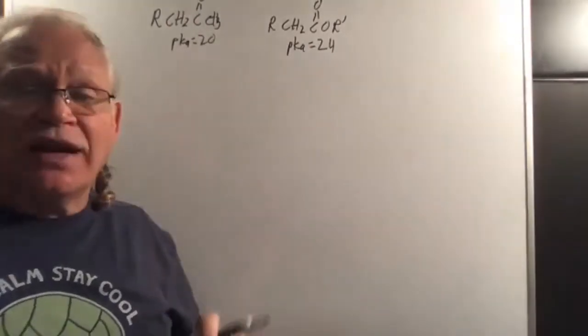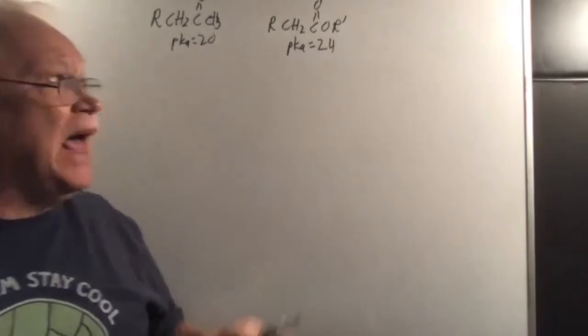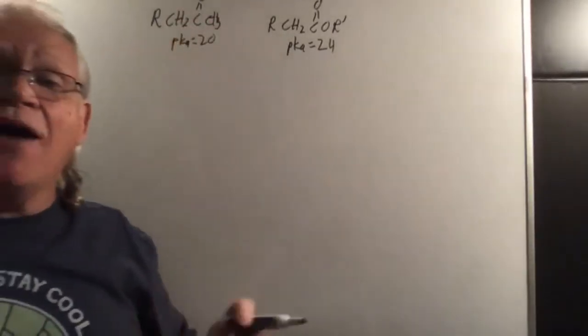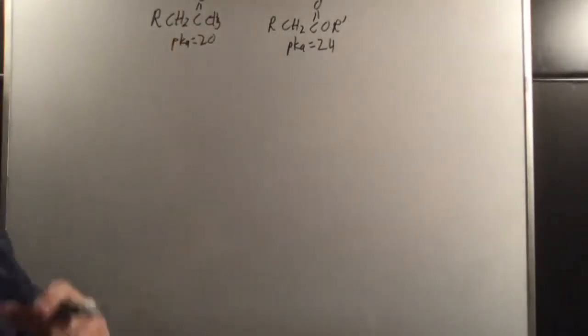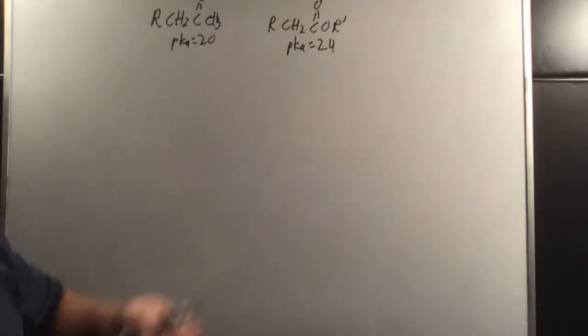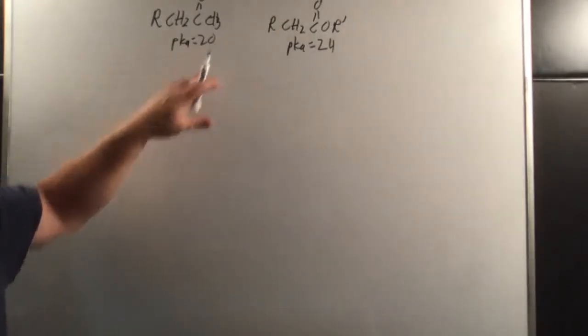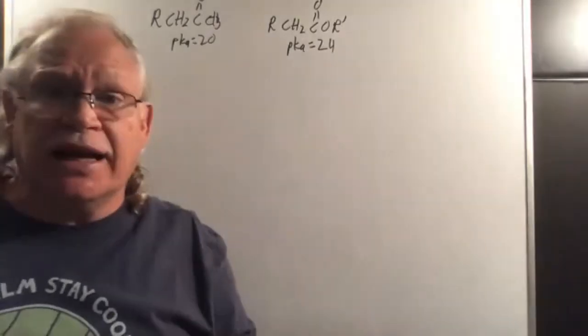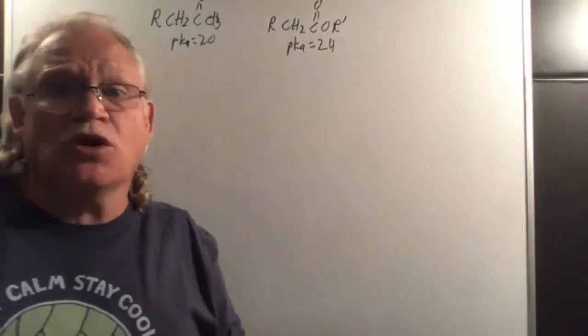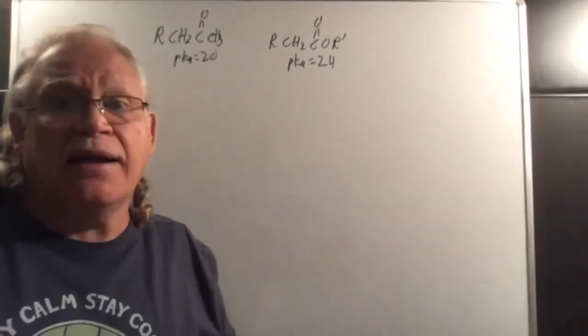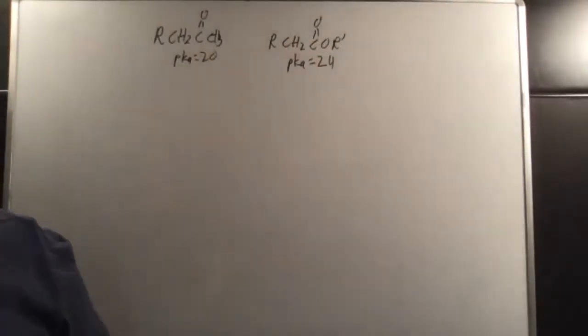So if you have a reaction of an ester and a ketone, and both of them have alpha hydrogens, who's going to lose the alpha hydrogen? The ketone, because it's much more acidic. It's 10,000 times more acidic than the ester.